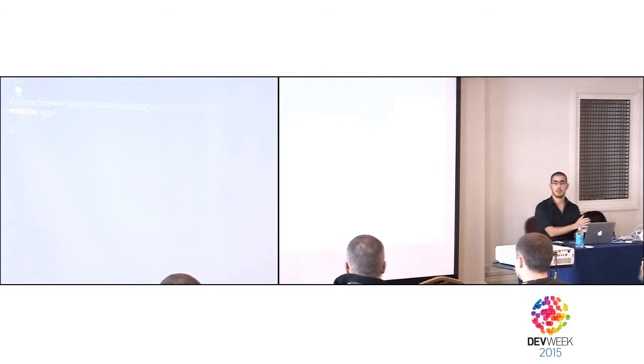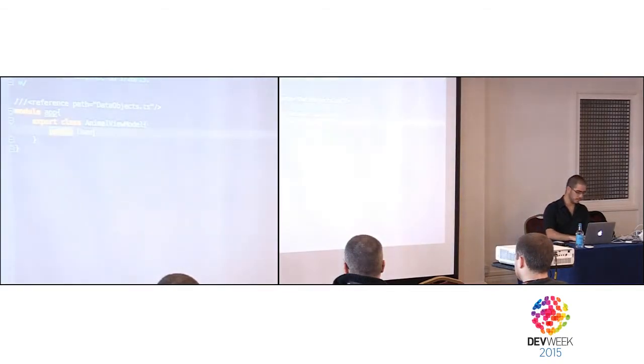By doing this, I created the view model to know the data object. Now I'm going to create the class, export class animal view model. Here we're going to create the logic for the login. This is going to be a public member, and I want to have the username. What type should it be?